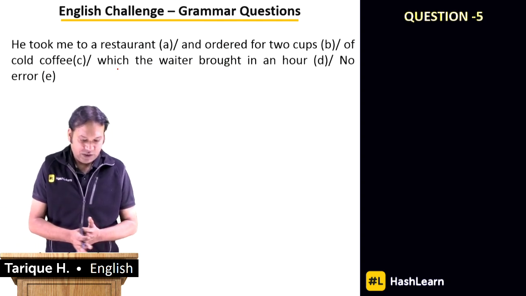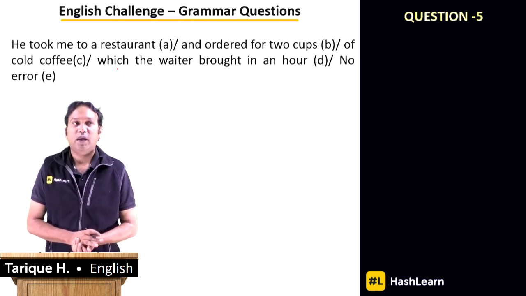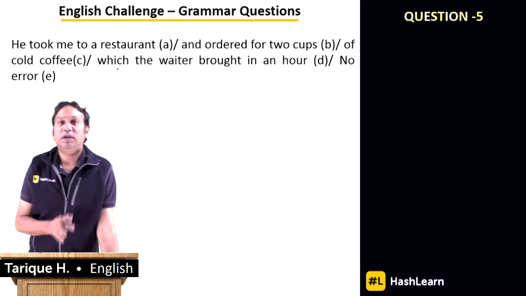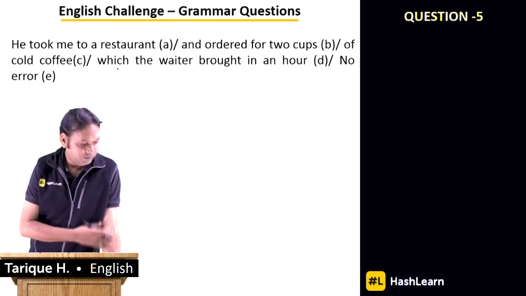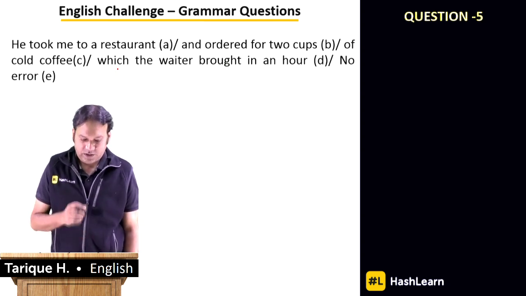He took me to a restaurant and ordered for 2 cups of cold coffee, which the waiter brought in an hour, and then we have no error. What is the answer for this question? Is it A, B, C, or D?